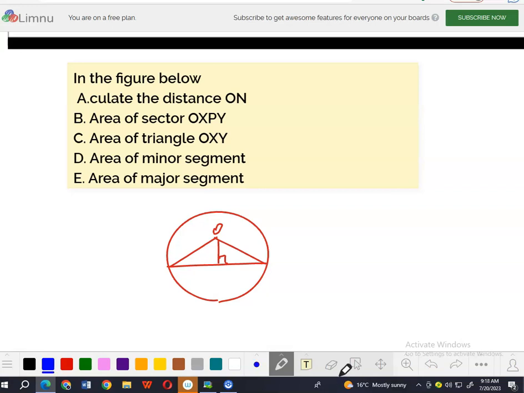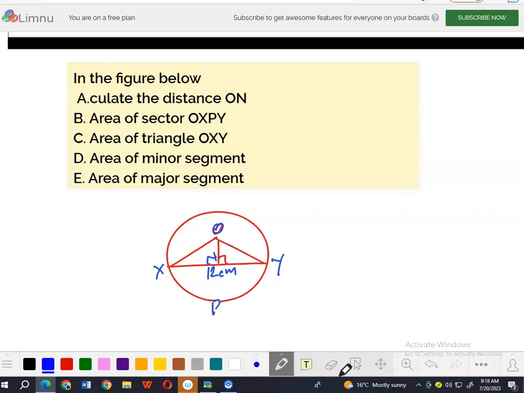So this is N. This is O, like you can see. And then this length, the segment here, is 12 centimeter. And then we have our X. This is X. This is Y. And this is P.